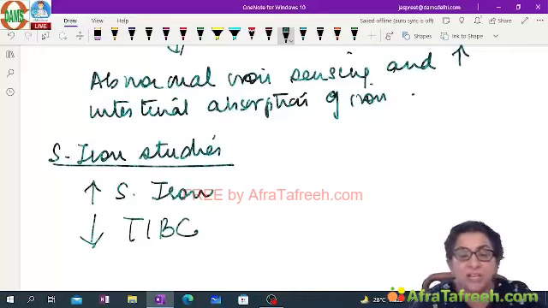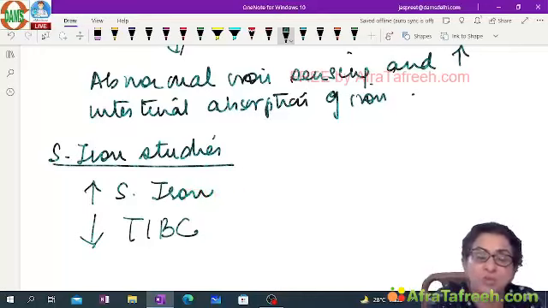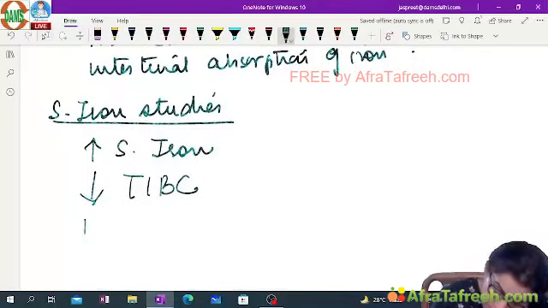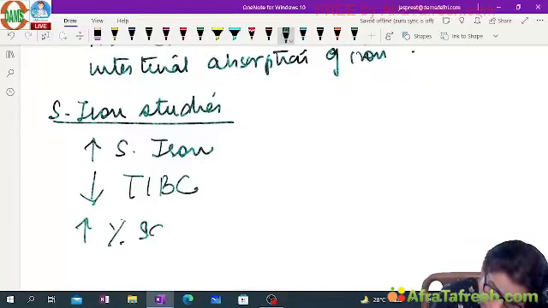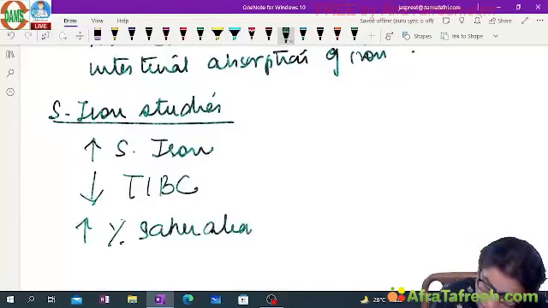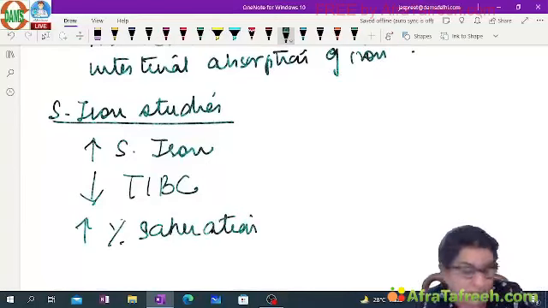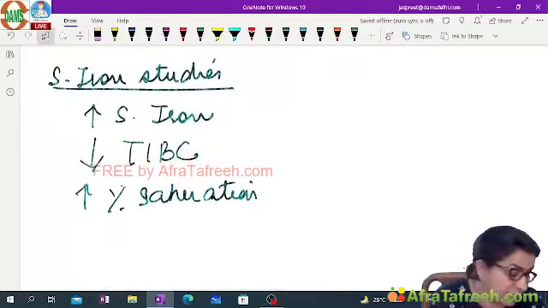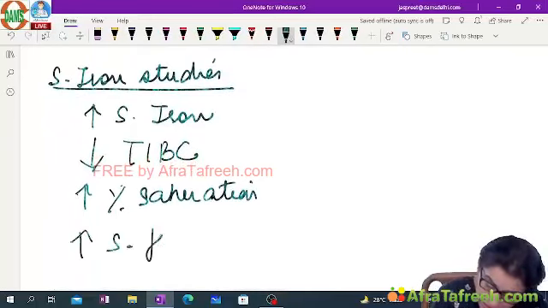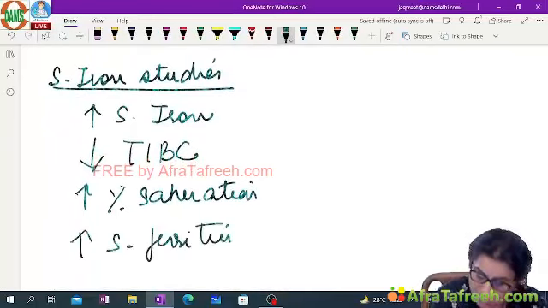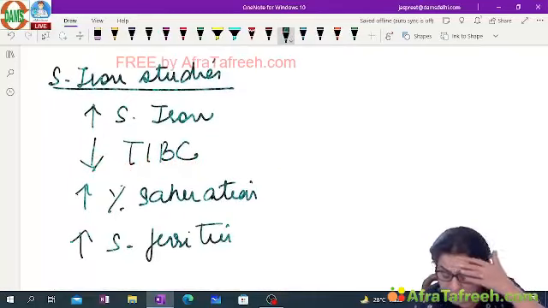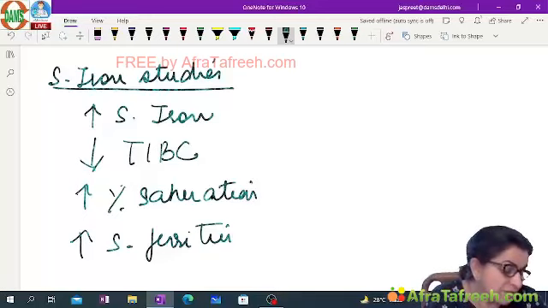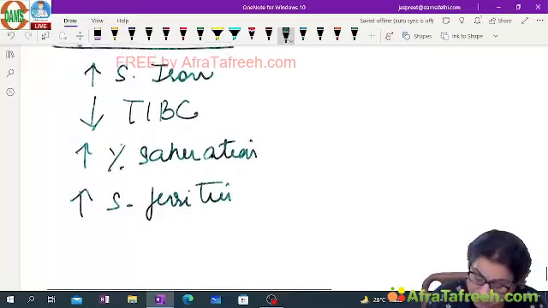There will be increased percentage saturation, which I have explained in hematology, and increased serum ferritin levels.